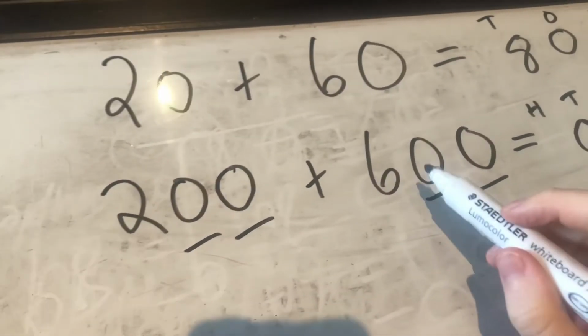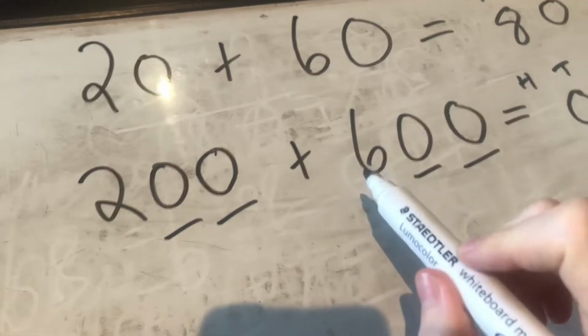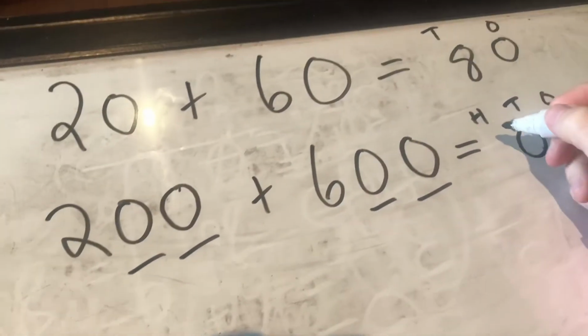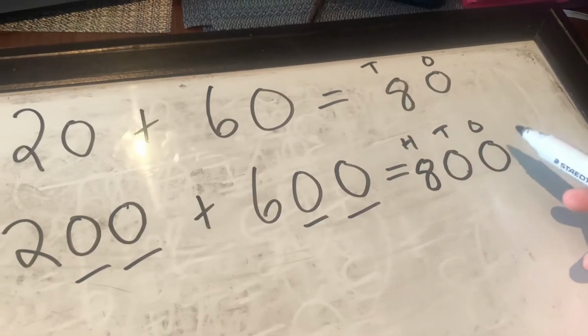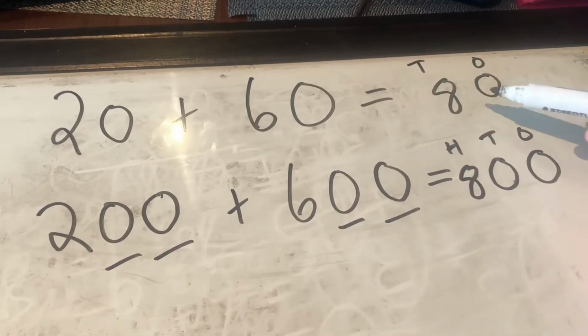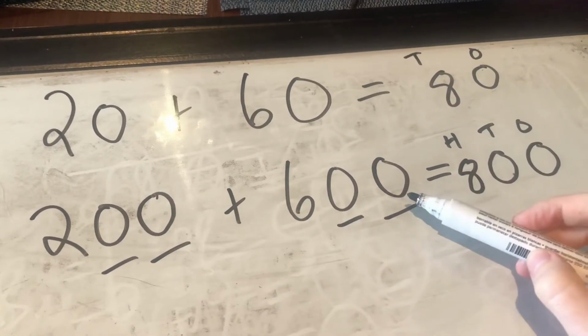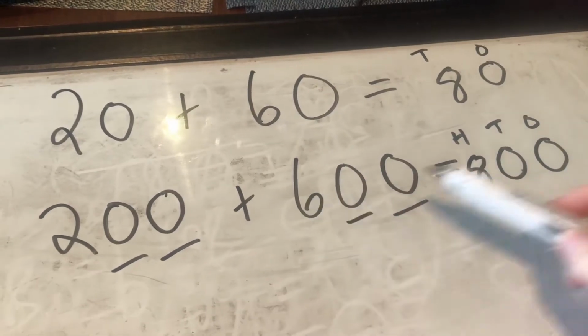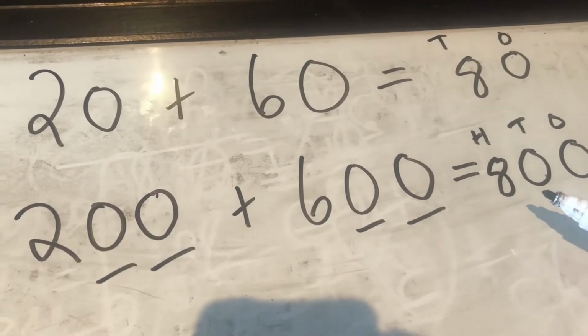And my hundreds: now instead of 20, I have 200 plus 600, which is going to be 800. So you can see that 20 plus 60 as a two-digit number is 80. By adding in an extra 0 to turn them into hundreds, 80 has now turned to 800.